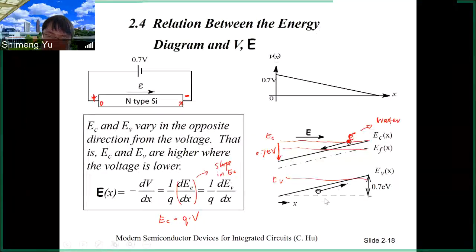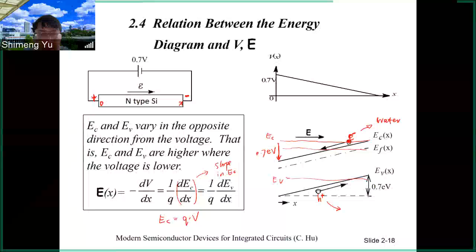Meanwhile, if you have a hole in the valence band, then the hole will move along the electric field, will move to the right, and then hole will move up along the band edge EV. So then we can also use an analogy for the hole.